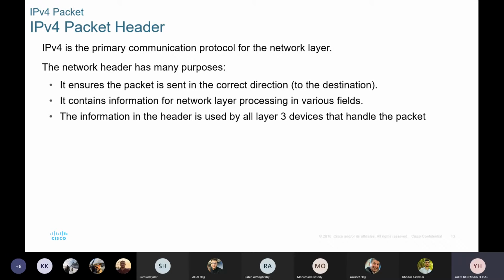As I said at the beginning, the header of the IP encapsulation contains the source and destination IP addresses for each packet. There are some more fields that we are also going to discuss. And using this information, the routers that receive such packets can make the right decision about where to forward the packets in order to reach the destination.